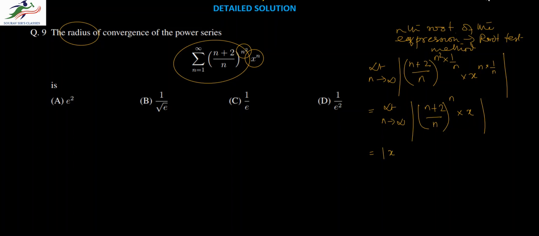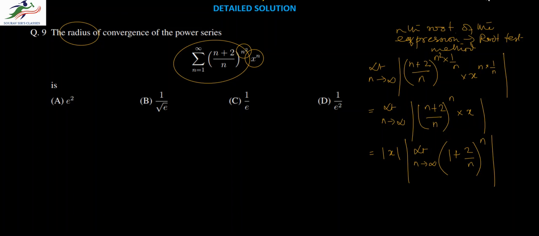So we'll get mod of x into mod of limit n tending towards infinity (1 plus 2 over n) whole to the power n.